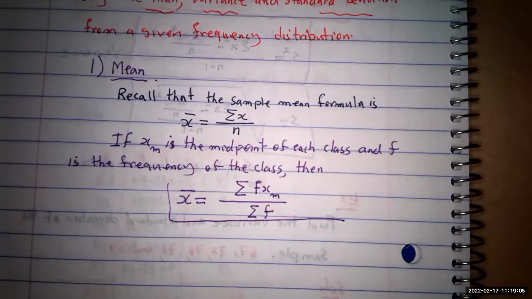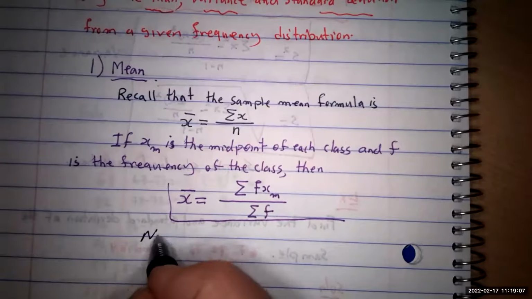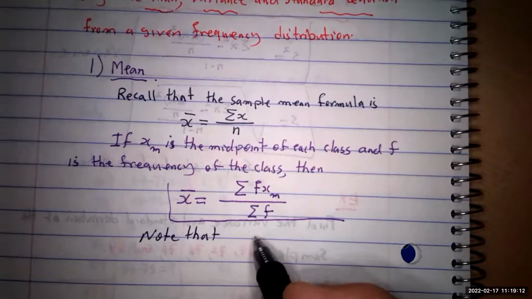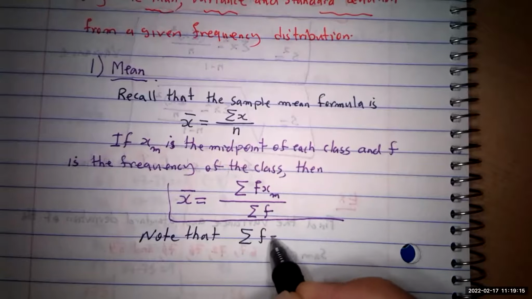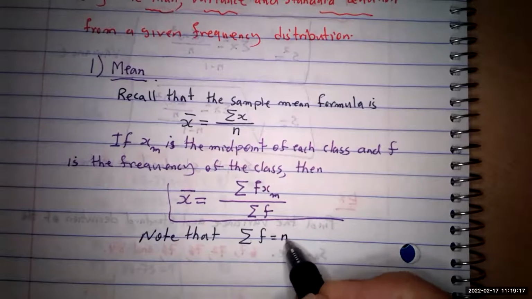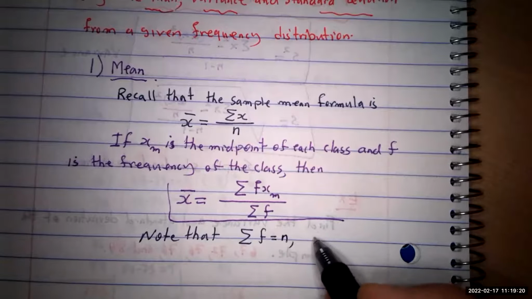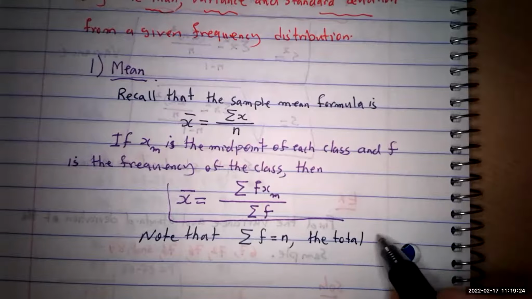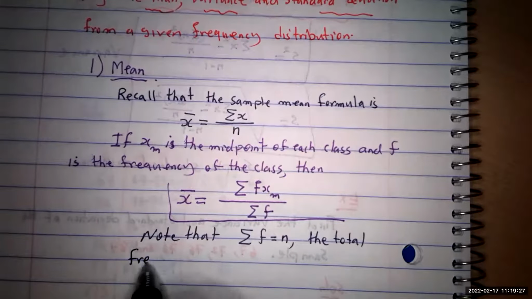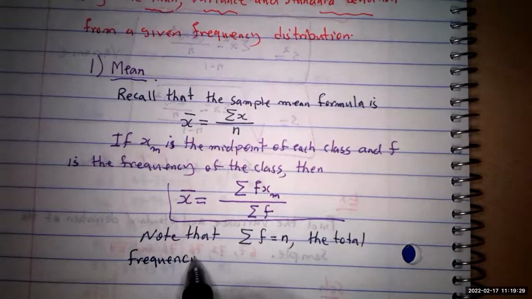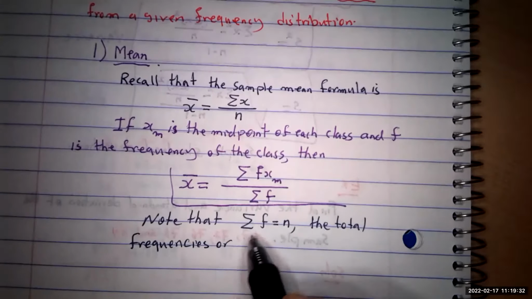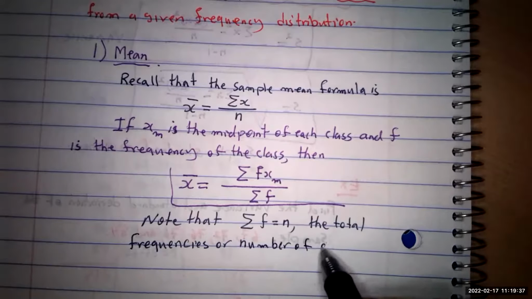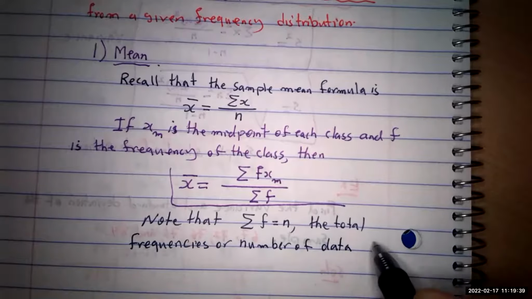Then you note that the total number of the frequencies, sigma F, is equal to N, the total frequencies or number of data values.